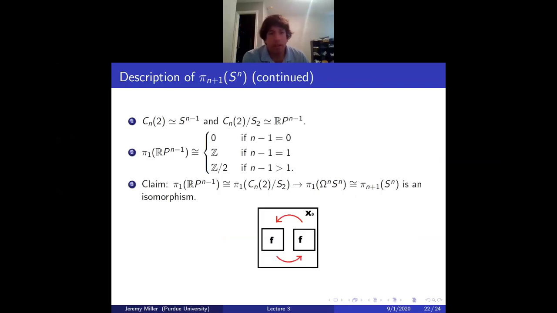Okay, so the next claim is that if you look at the space of 2 cubes in a cube, that's homotopy equivalent to S^(n-1). Let me try to draw a picture.